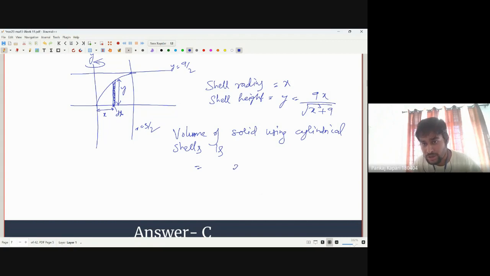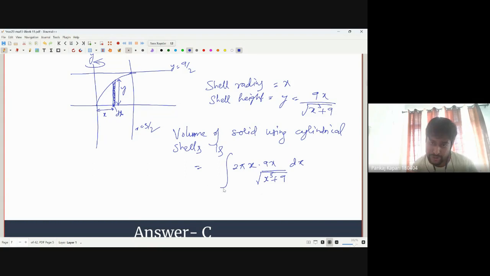You have to find the volume of small shells, and that volume is 2 pi times radius, which is here x, multiplied by height, which is 9 times x divided by the square root of x cube plus 9, and then thickness dx, and then integrate.